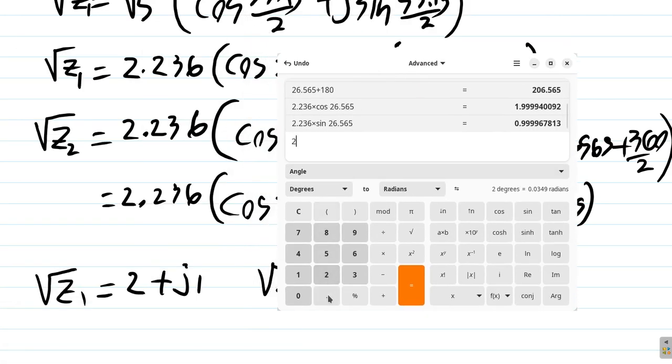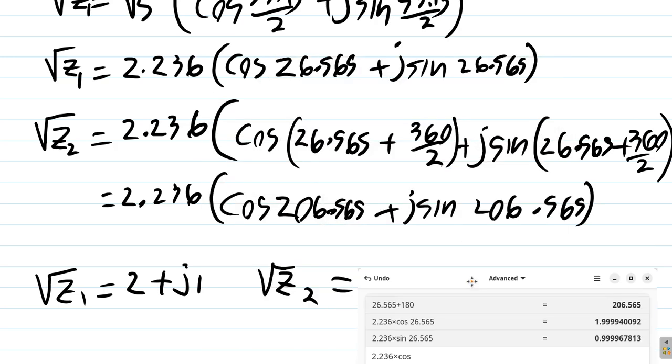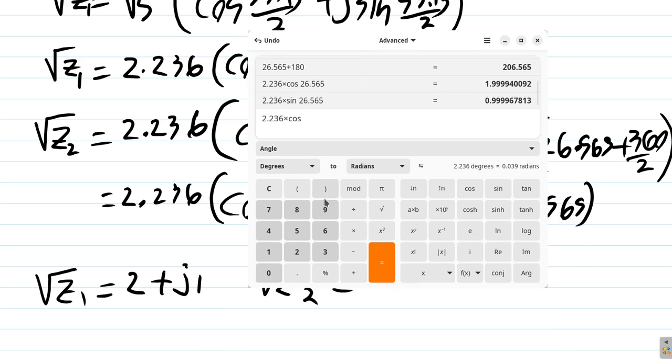It's going to be 2.236 times the cosine of 206.565 equals negative 2.